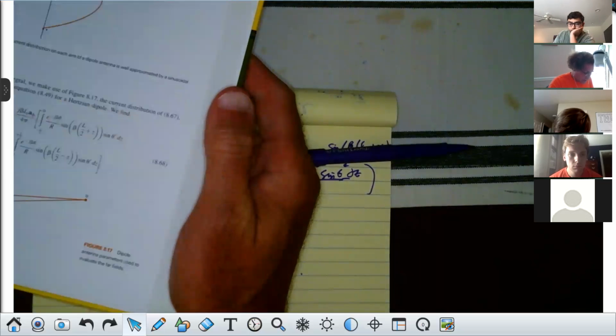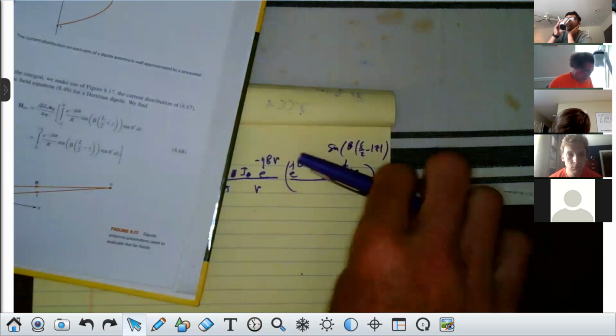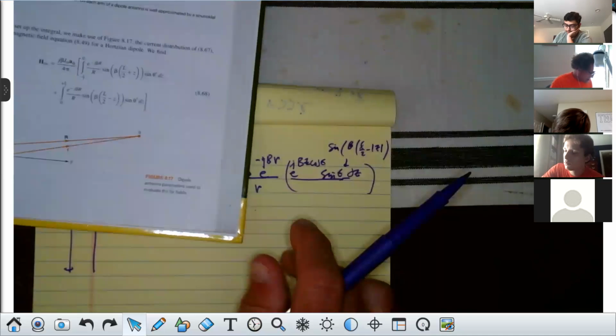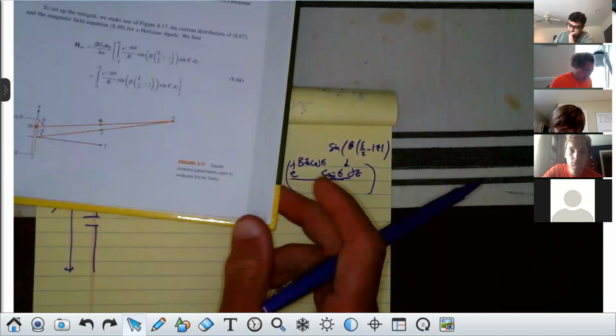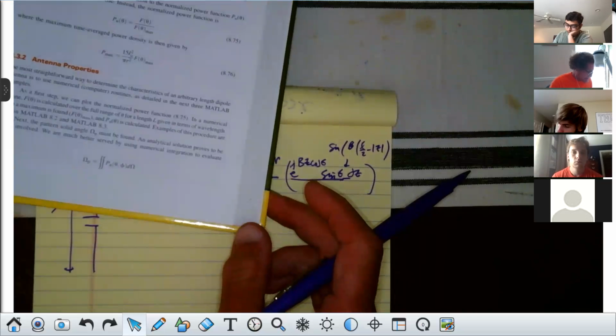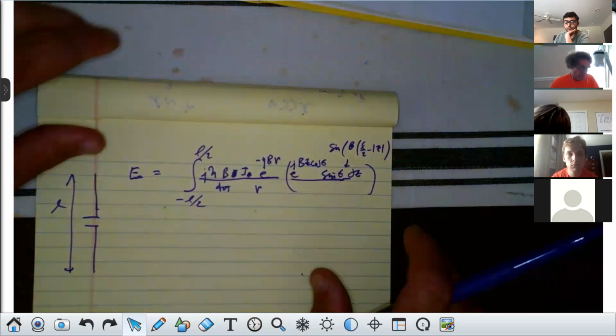This is in dipole antennas. He does it with the H field in his book. It's page 448, and he shows you the current. On 449, he gets the H field, but he doesn't give you the E field. I'm going to give the E field. I'm going to give you a treat, believe me.